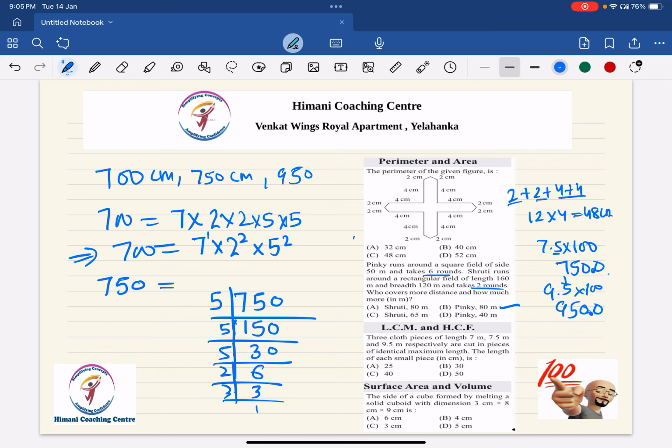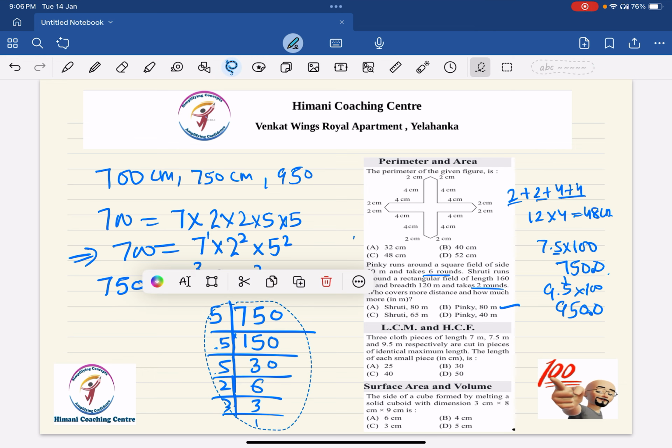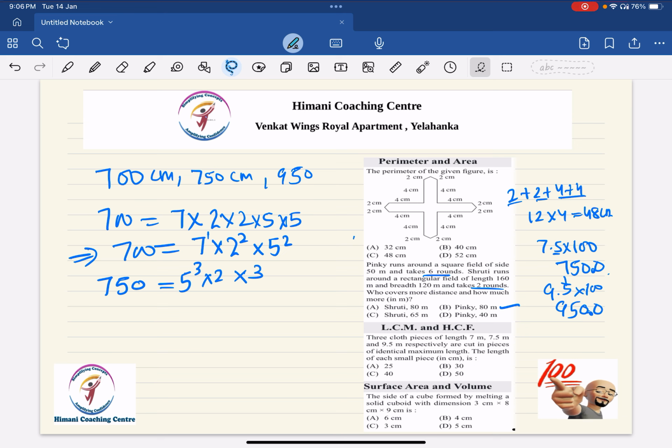So 5 into 5 into 5, that means 5 cube, correct? And then into 2 into 3. So that is what we get for 750. Okay, students, I am just doing prime factorization. So I can write 750 as 5 to the power 3, 2 to the power 1 and 3 to the power 1. Now let us do prime factors for 950.